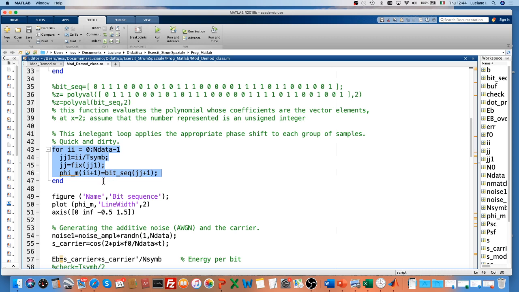The goal of this loop is to apply the same phase shift to all the bits in a duration t-bit. Okay? So all the samples corresponding to 1 bit have the same phase shift.